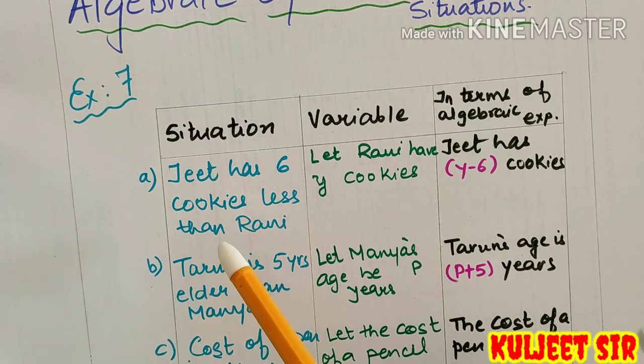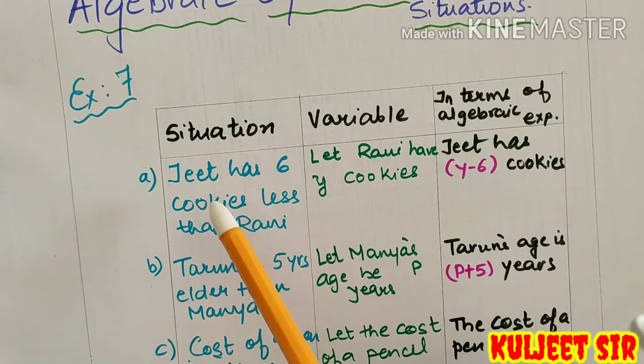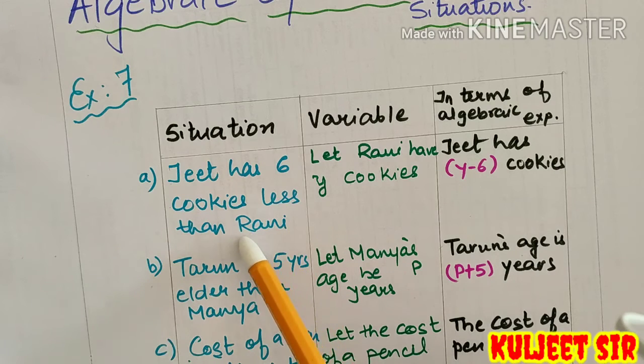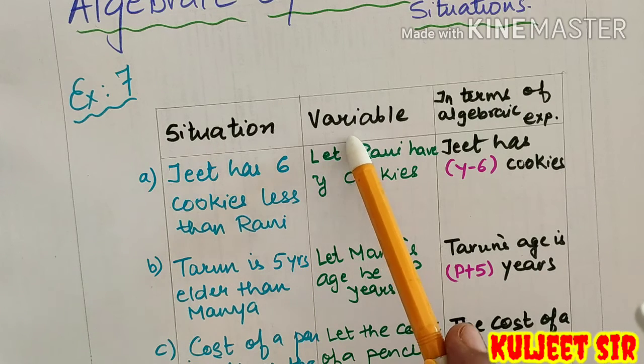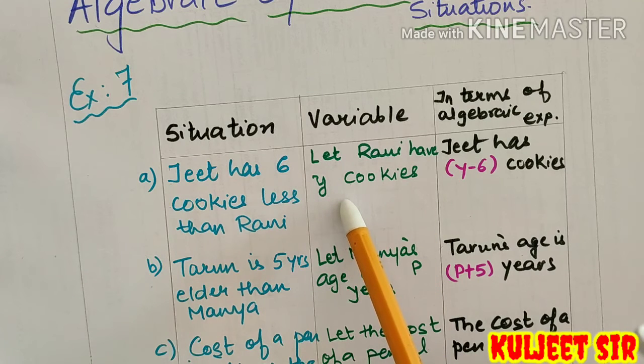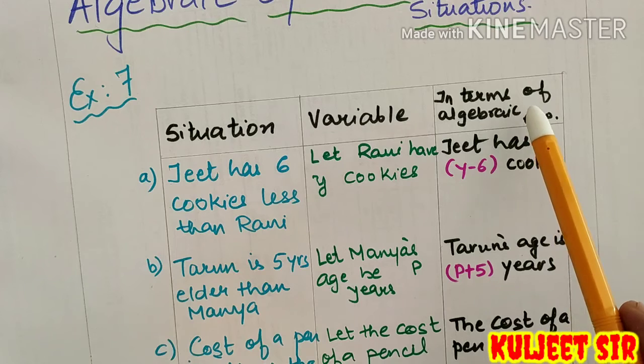Now always remember, whenever you have to form a statement like this, you have to assume a variable, because you know the value for Jeet, he has 6 cookies less than Rani, but for Rani you do not know. So what will be the variable for Rani in this case? Let Rani have y cookies because we do not know it for her. And what will be the expression formed then?